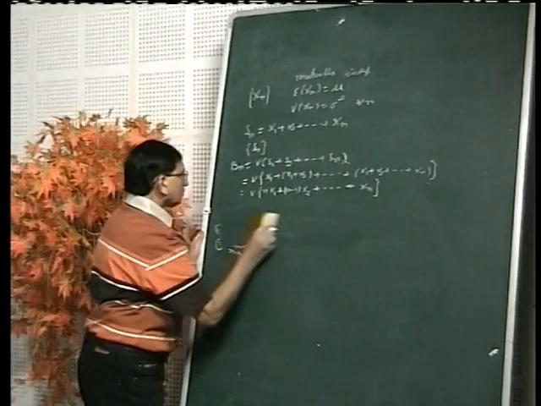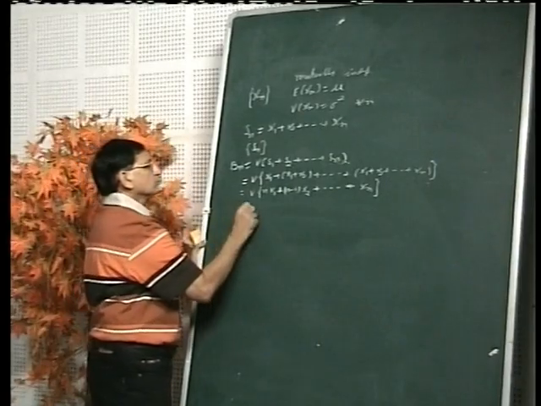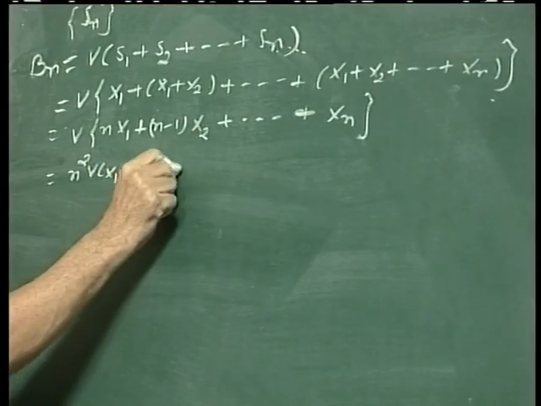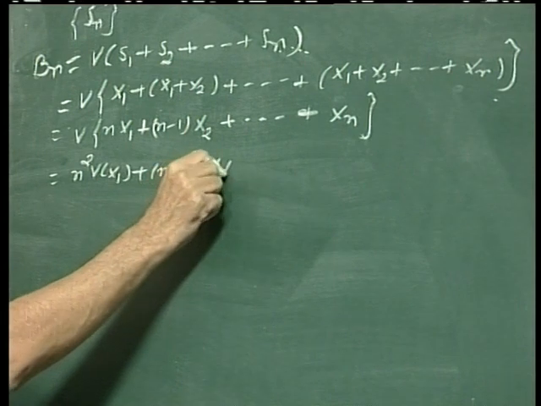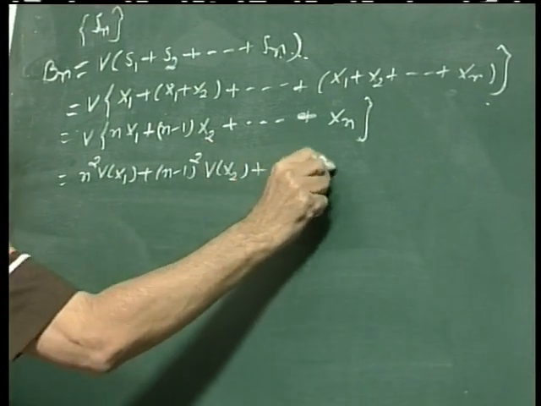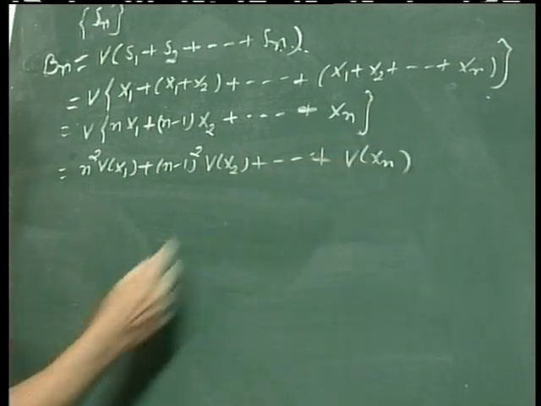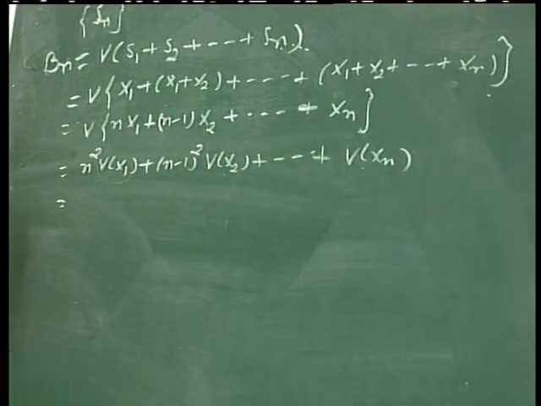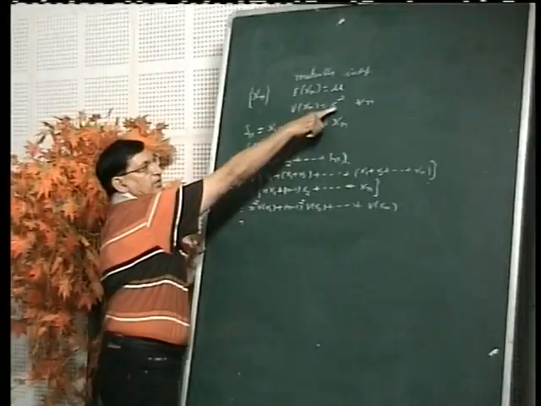Now this is equal to n square variance of x1 plus (n minus 1) square variance of x2 up to variance of xn. Remember that variance of x1, variance of x2, all are same as sigma square, that is given.